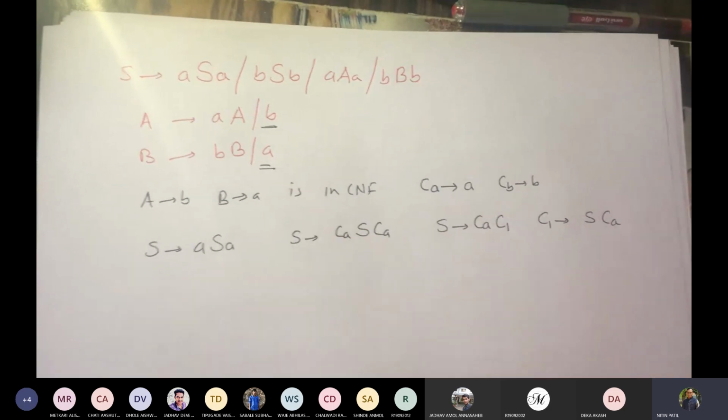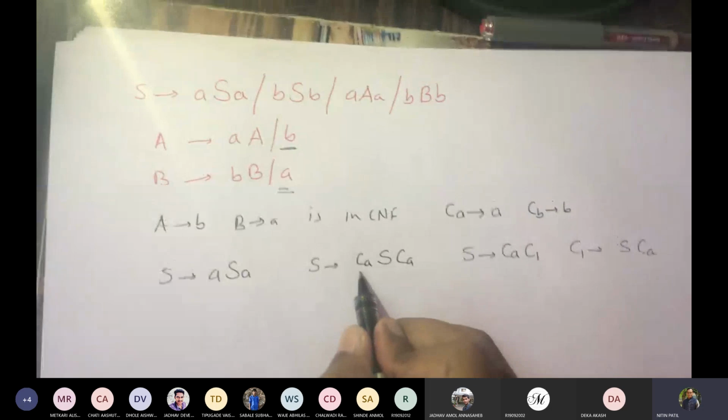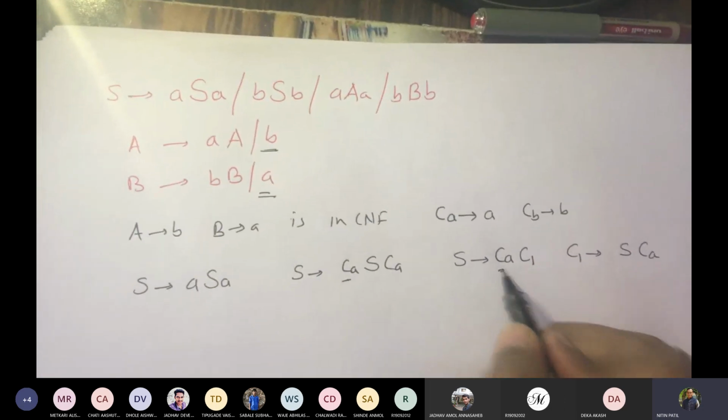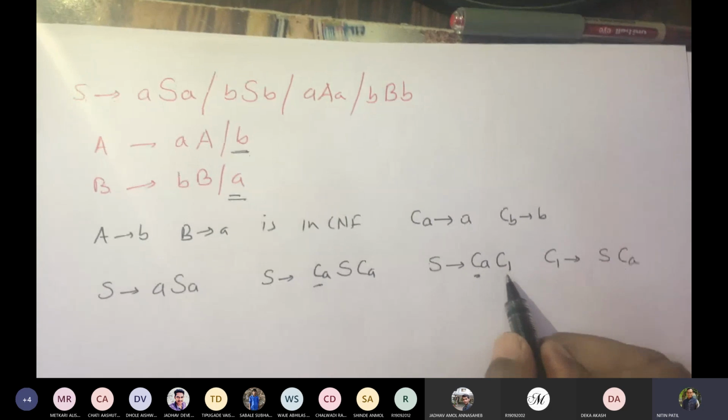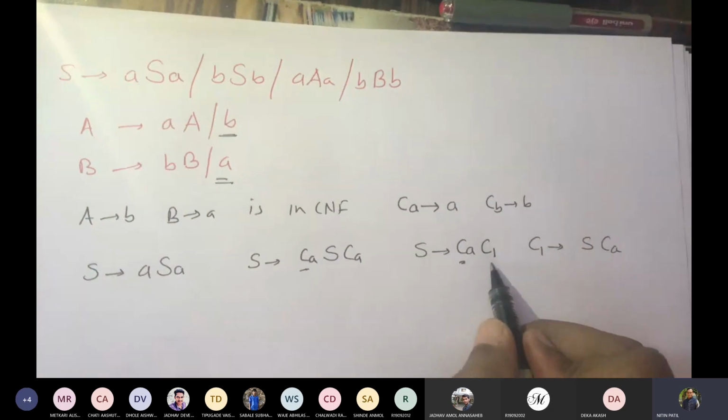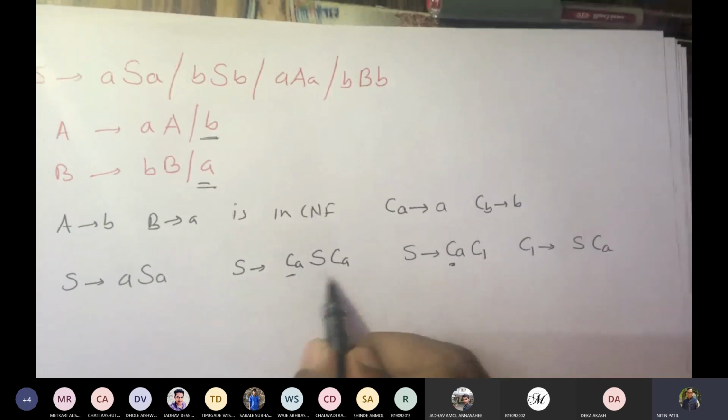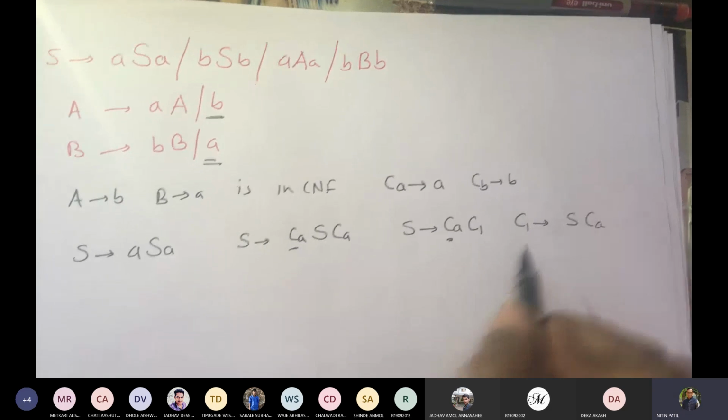Then, as we have to control it, see what I did here: I kept the left as it is, and for the right-hand side I replaced it by a new variable. So I got S gives CA C1, and for C1 I wrote the remaining one, S CA. Right, so I got this.